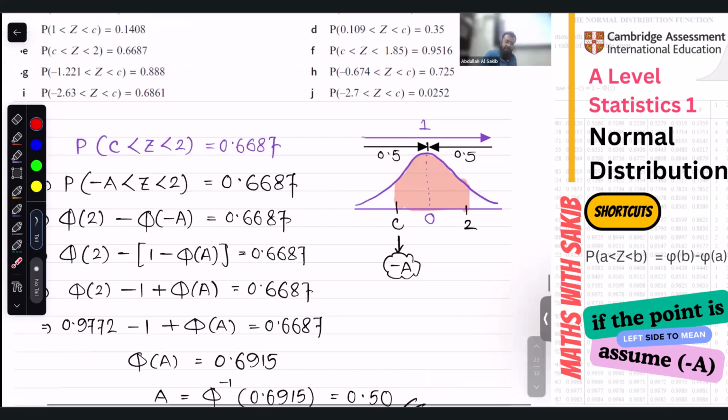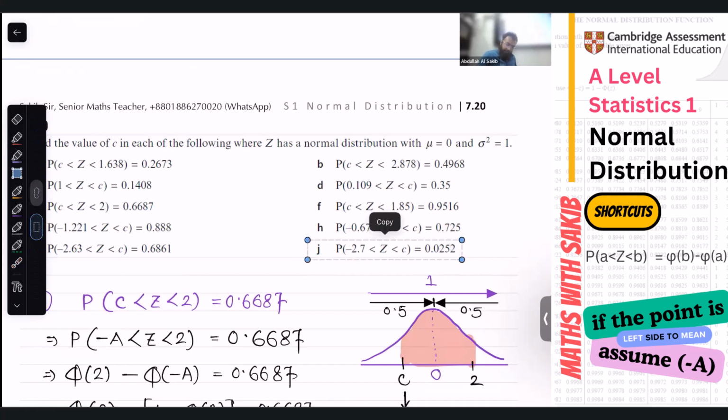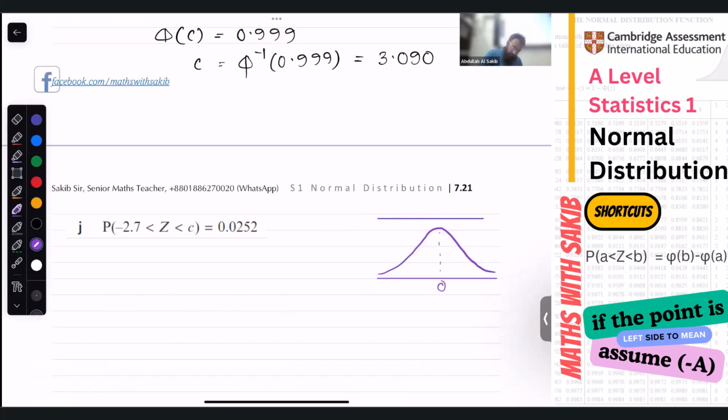Okay, let's do number J. This part. The last one. Number J. So minus 2.7 is given. So how much area I need to go? 2.52%.